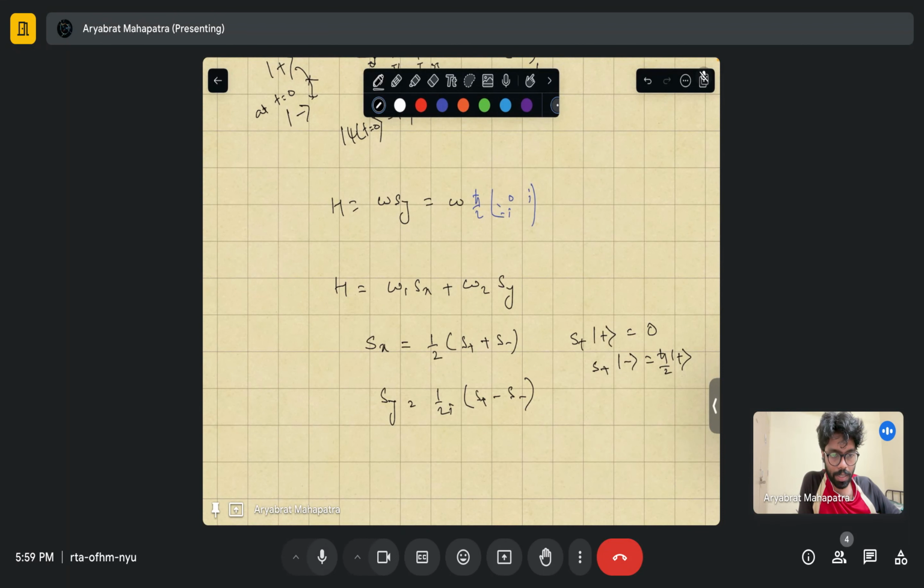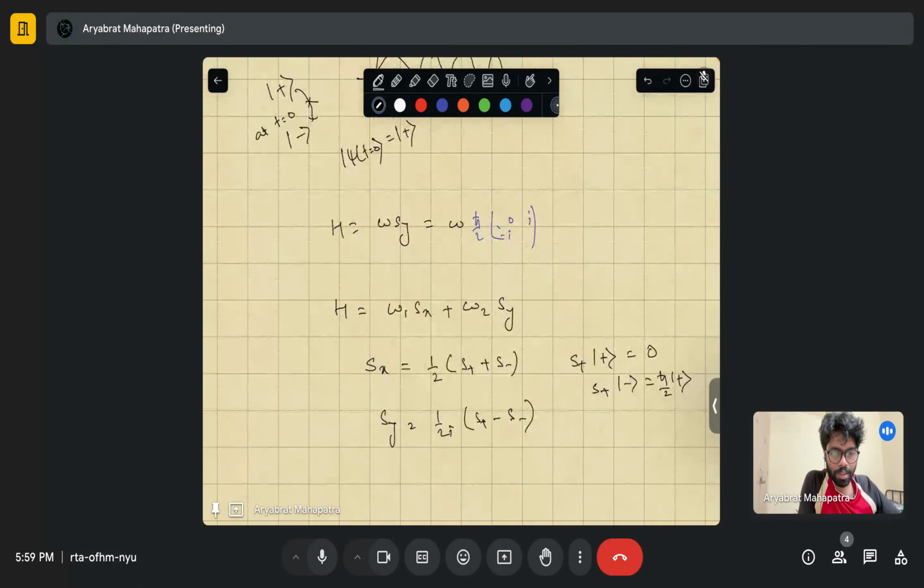When you have only Sx and Sy operators in the Hamiltonian, you convert them to S plus and S minus. That is a good way to be assured of the form of your eigenstates and your Hamiltonian when you have both Sx and Sy.